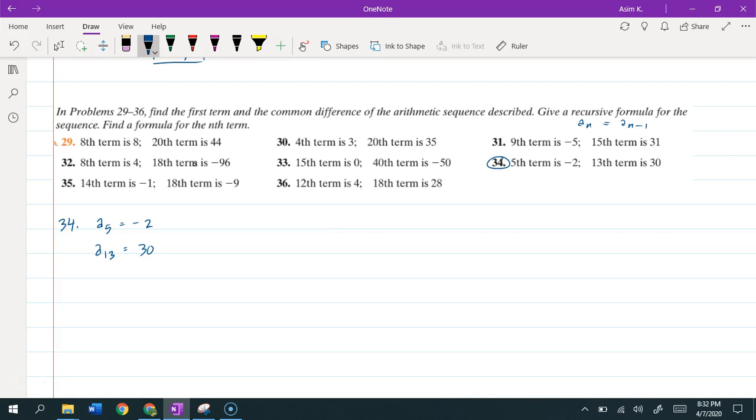Now, neither do I know the first term, nor do I know the common difference, right? Without both of these, I'm kind of stuck, because then I cannot make an nth term formula, nor can I make a recursive formula, all right?